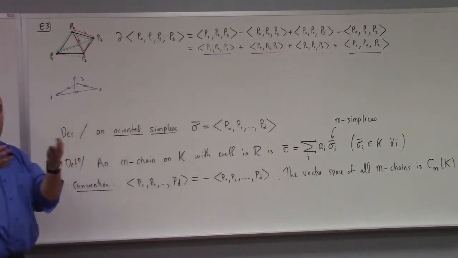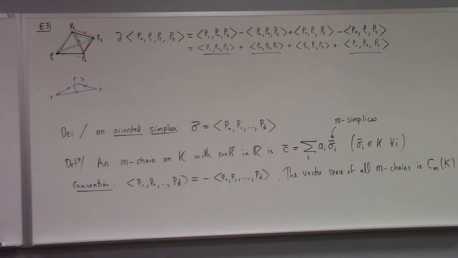Those are different faces. The vertex P3 is in the purple face, it's also in the green face. Right, that's what I'm asking. They can differ in orientation depending on what face is being talked about. Well, I don't think a vertex in and of itself has an orientation.